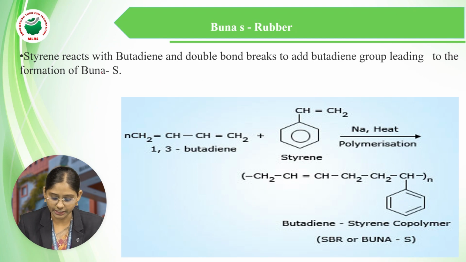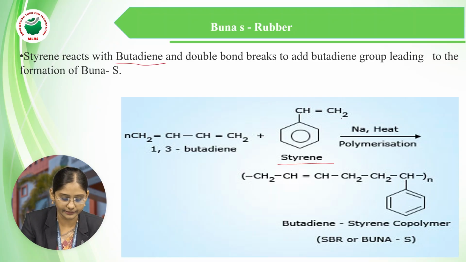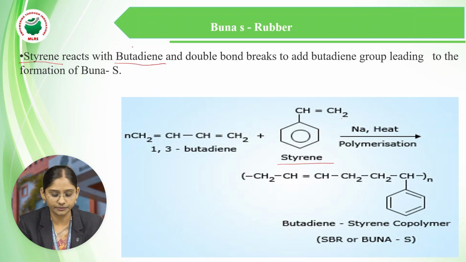Styrene is a benzene ring with CH double bond CH2. It is called styrene. Styrene plus butadiene, in the presence of sodium.